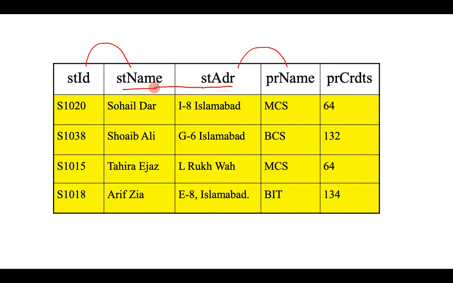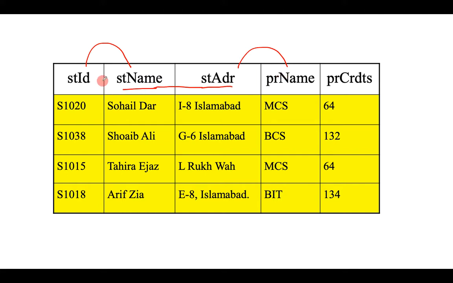So according to our assumption, student ID determines student name, or simply A determines B, and student name plus student address determines program name, or BC determines D. So we have two functional dependencies, and we can get one additional functional dependency according to the rules.